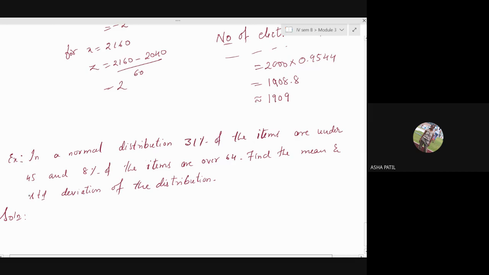How will you write it mathematically? 31 by 100.